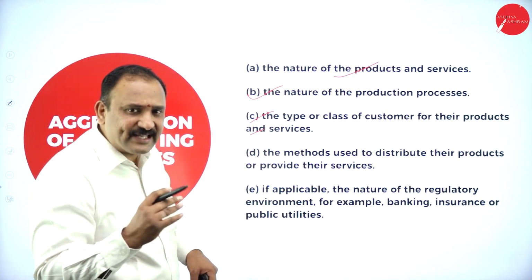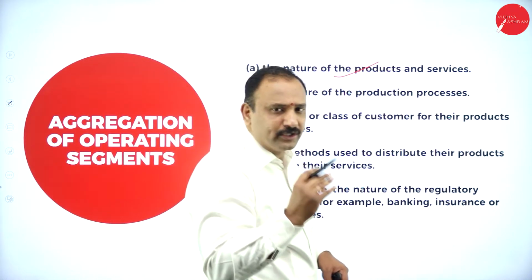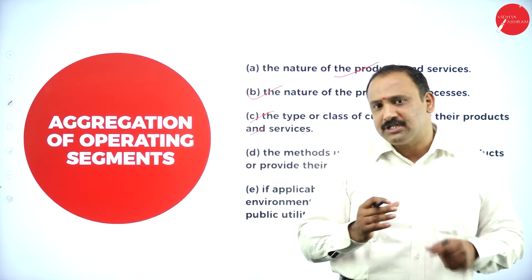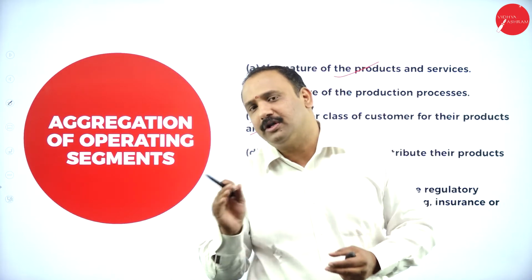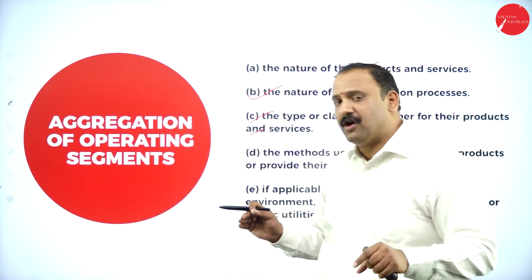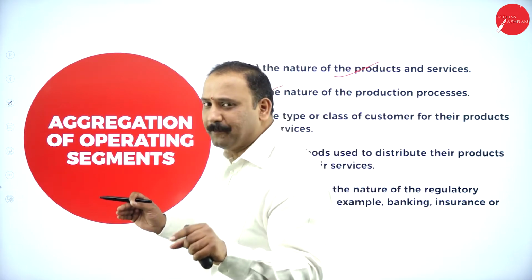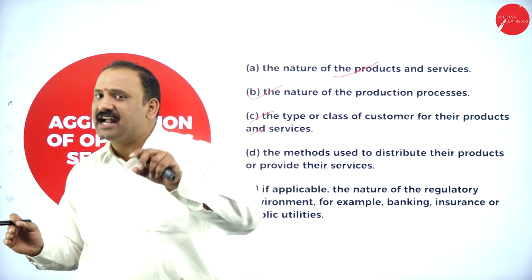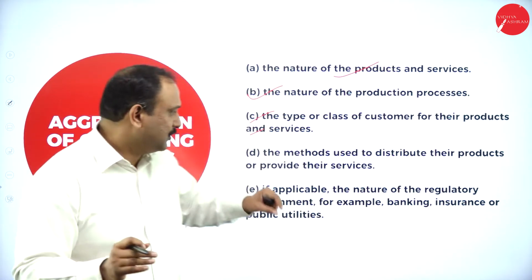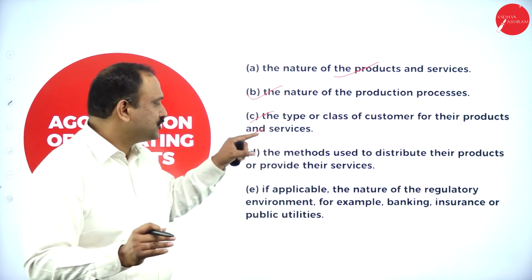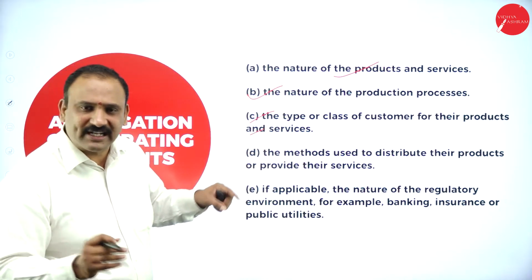In that case, the operating cost will also be high, and the inputs and the production process will also vary. So that also forms a very important component in terms of understanding the operation. Now, the next thing is the methods used to distribute their products or their services.